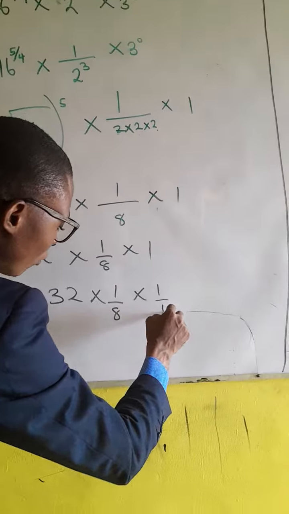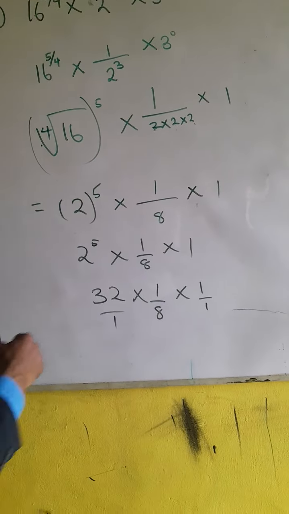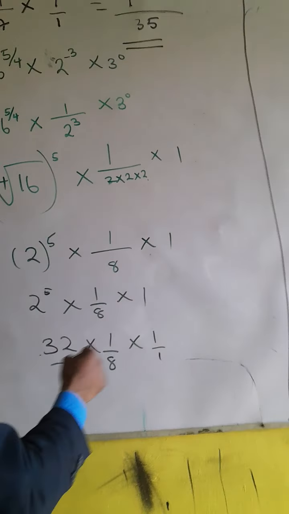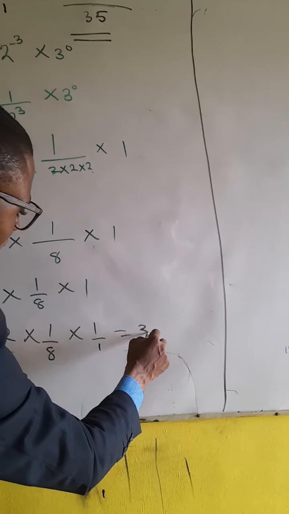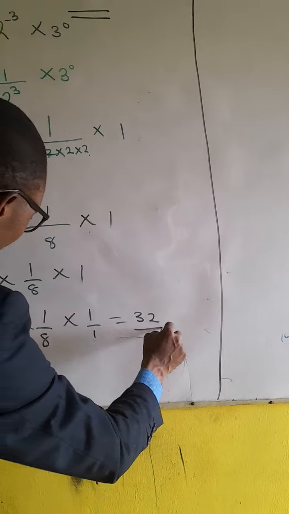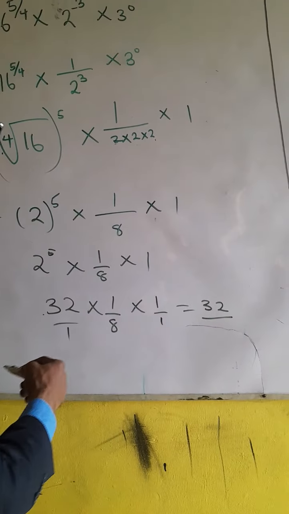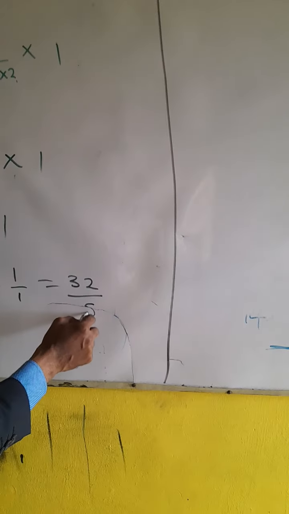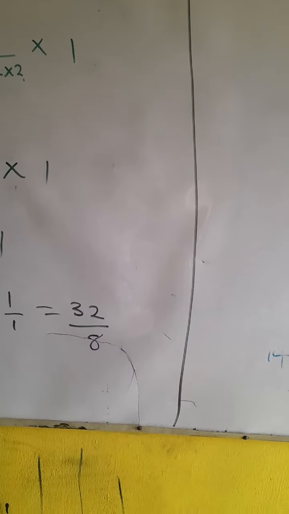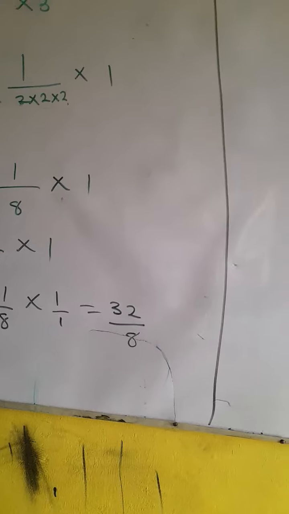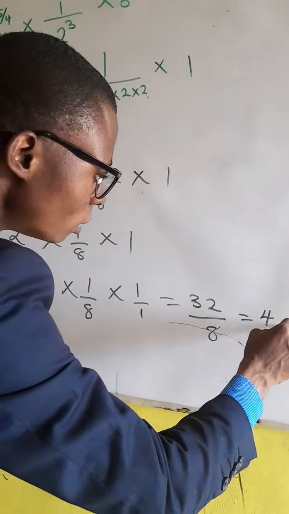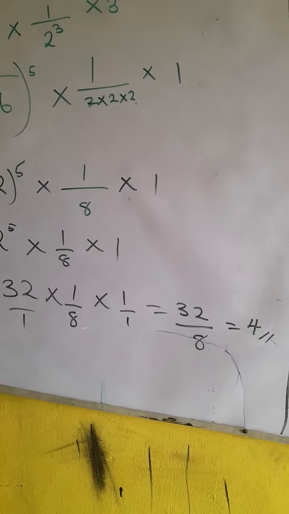You can write it as over 1 over 1. 32 times 1 will give us 32. 32 times 1 again will give us 32. 1 times 8 will give us 8. 8 times 1 is going to give us 8. And if 8 divides 32, it's going to give us 4. That is our answer.